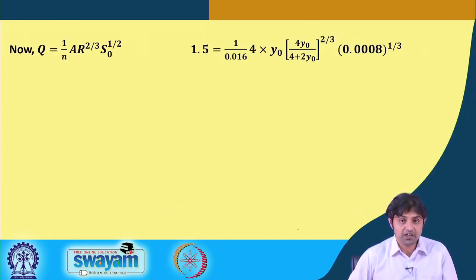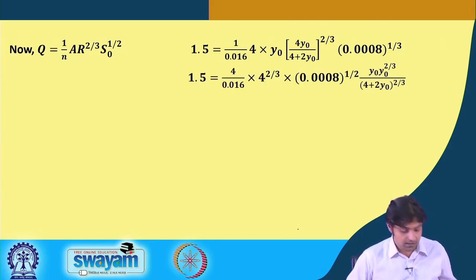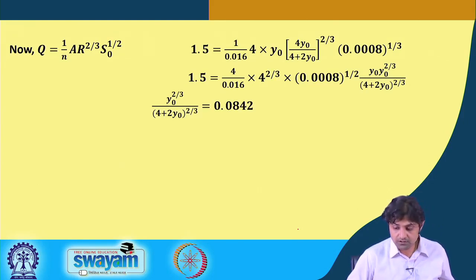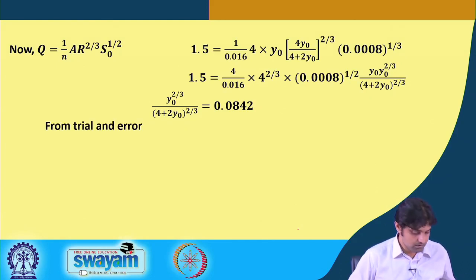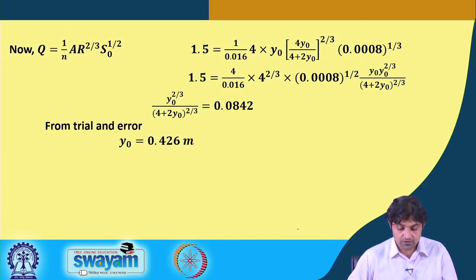So, now using the Manning's equation we estimated the normal depth Y naught, and this Y naught came out to be 0.426, all right.